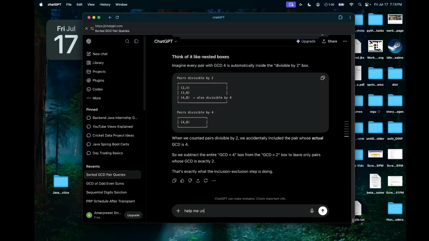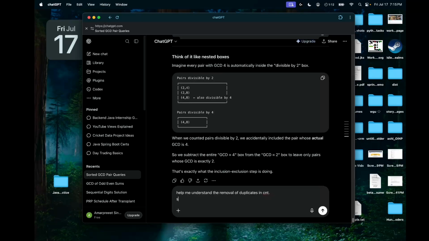Help me understand the removal of duplicates in count. So far my understanding is, initially we add the frequency to each possible value, then we loop to add frequency to its frequency by adding its multiples.